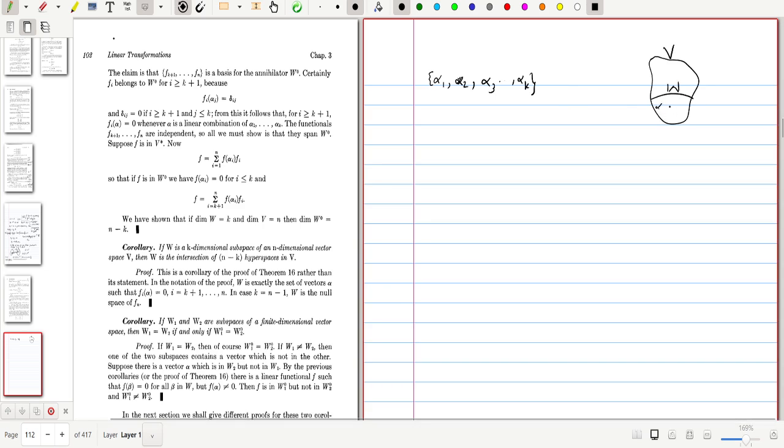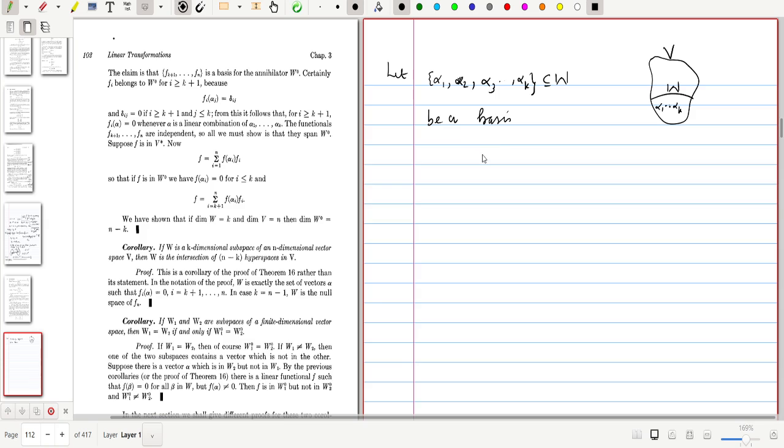So alpha 1, etc., alpha k are elements of this subspace. Let this subset of W be a basis. We start with this basis. Then you can extend this basis to a basis of V.